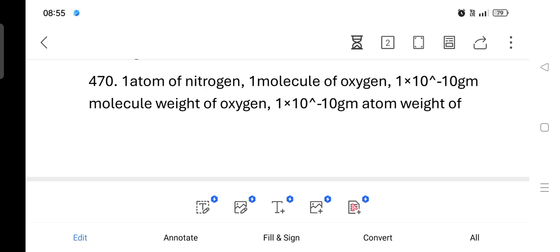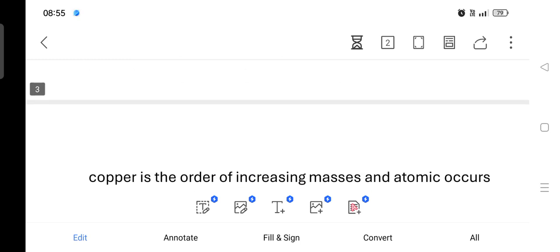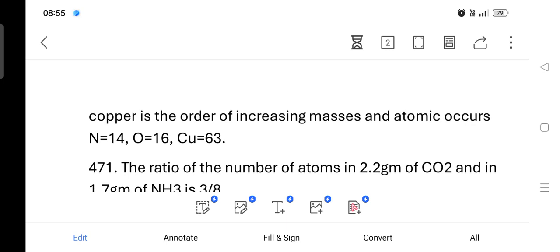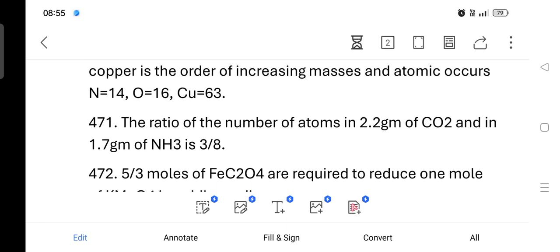1 atom of nitrogen, 1 mole of oxygen, 1 × 10^-10 gram molecule weight of oxygen, 1 × 10^-10 gram atom weight of copper is the order of increasing masses, with N = 14, O = 16, Cu = 63.